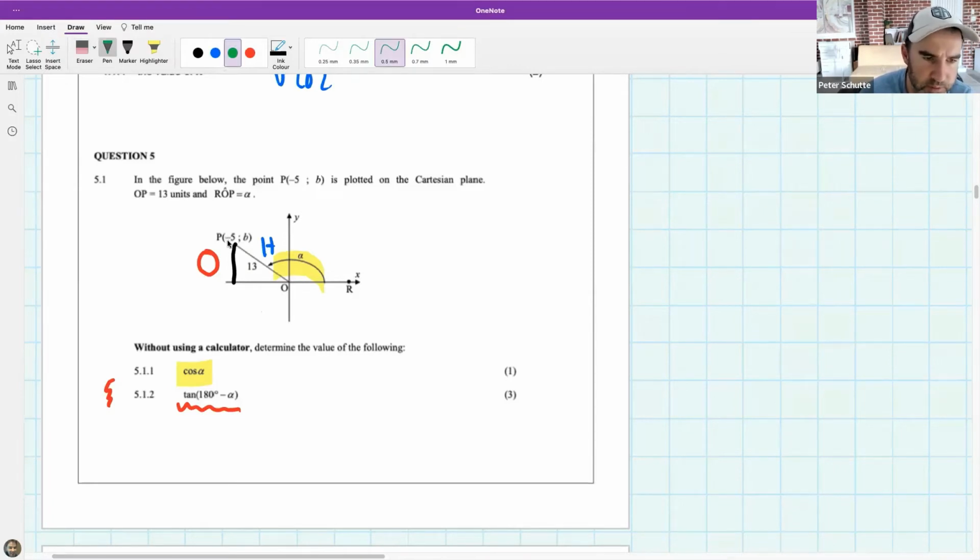So the point P is minus 5, b, which means the x coordinate here must be minus 5. And it tells me in the question that this is 13. So I need to know what this thing is over here. But this is a right angle triangle. So how can that help you?